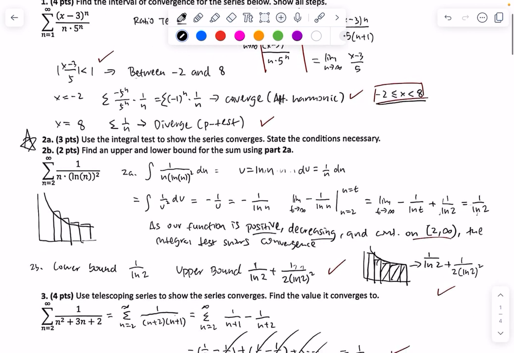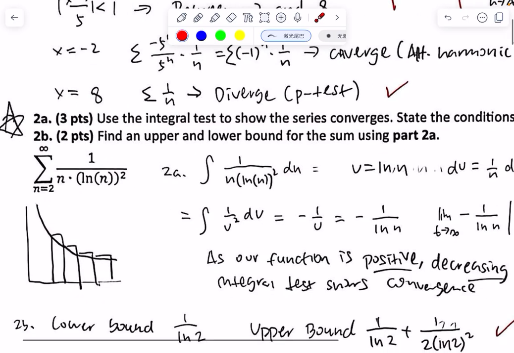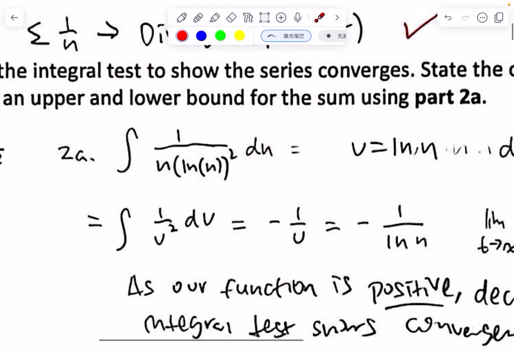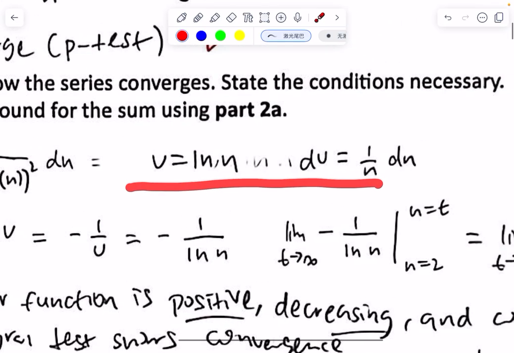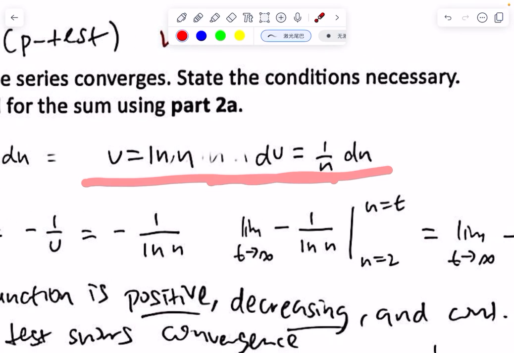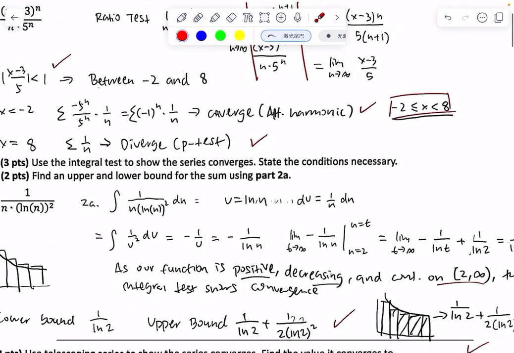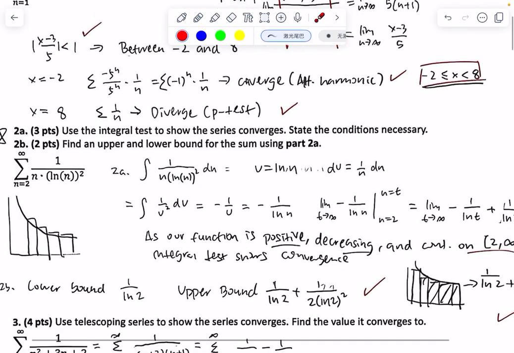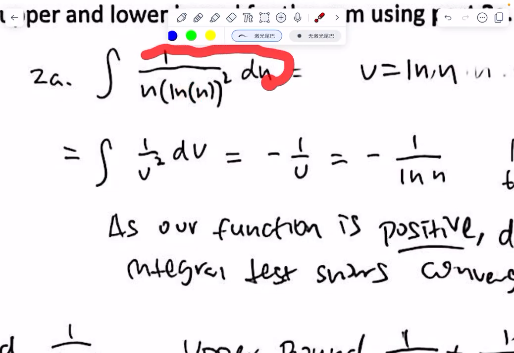We can add both of them together interchangeably, if that makes sense. So we would want to integrate this expression. And how do we do that? We can do it through a u sub. We let u equals ln n, and then we have du equals 1 over n dn. And so after using u sub, this becomes our u, and then 1 over n dn is just equal to du.